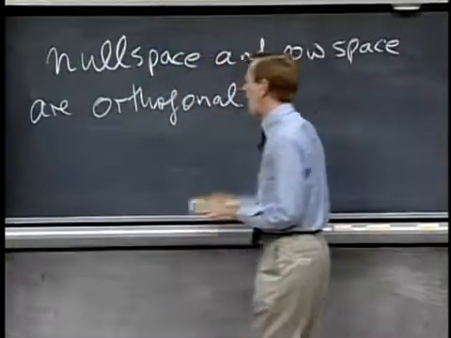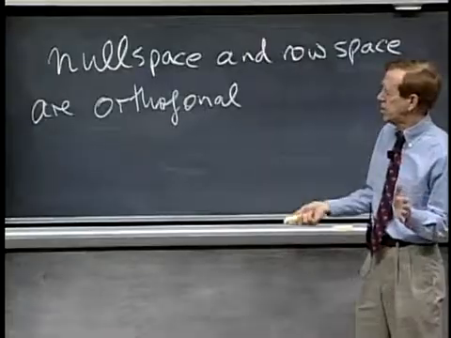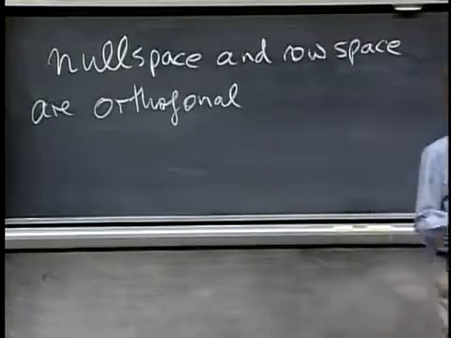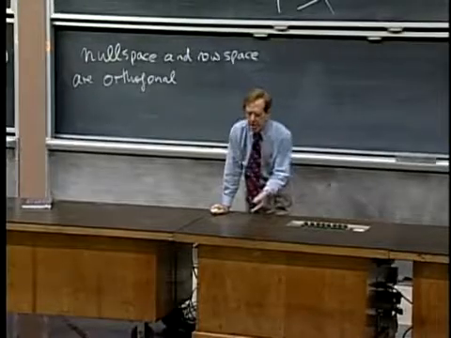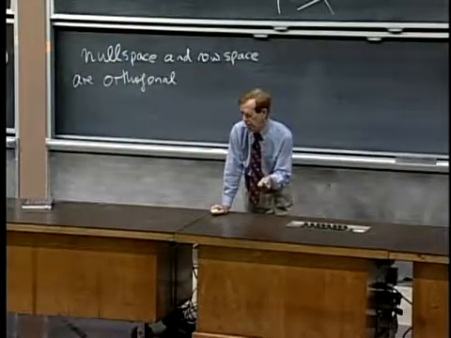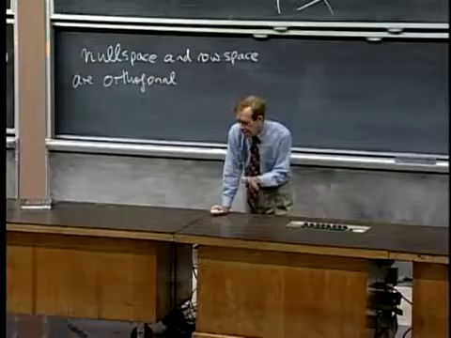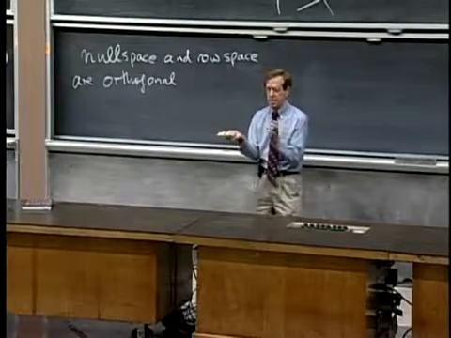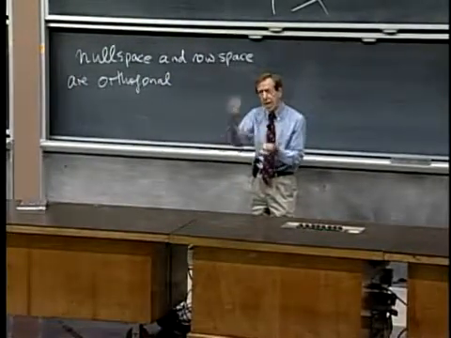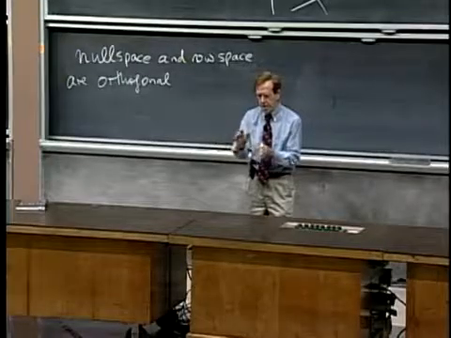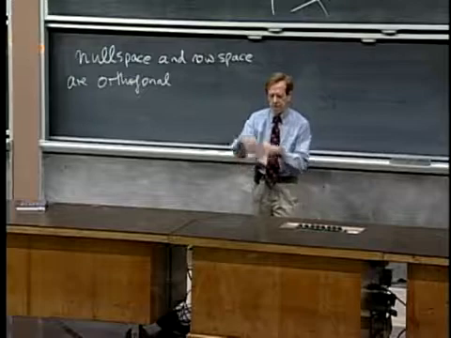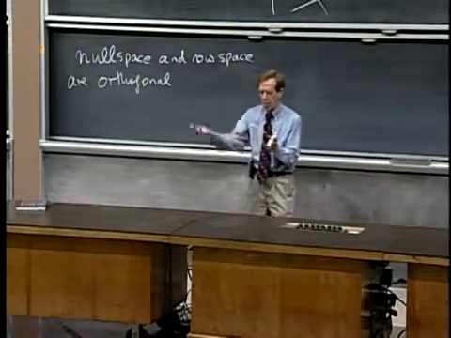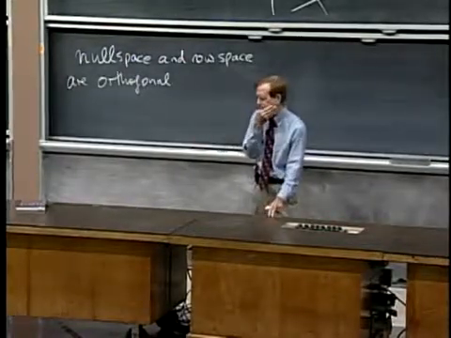That's this neat fact, which we've just checked from Ax equals 0. But now I want to say more, because there's a little more that's true. Their dimensions add to the whole space. So that's like a little extra information. It's not like I couldn't have a line and a line in 3 dimensions. Those don't add up. 1 and 1 don't add to 3.